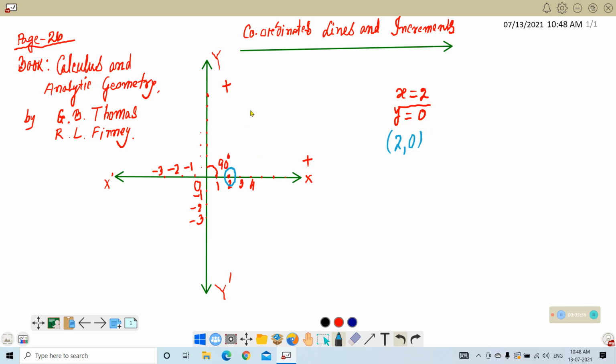So according to the book, or according to the convention, this entire region bounded by two axes, this axis and this axis, is called the first quadrant.